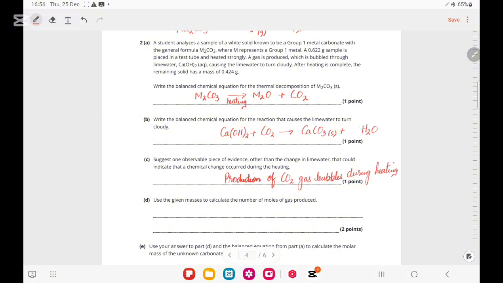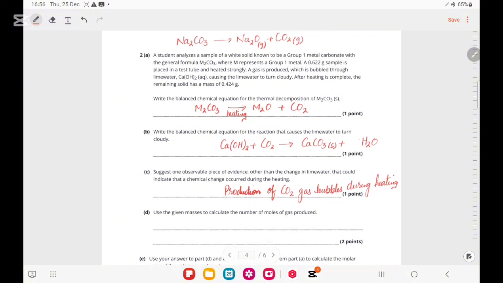Then use the given mass to calculate the moles of gas produced. So we have to first calculate the mass of the gas, the carbon dioxide gas. And how can we do that? We know that they have given us the mass of the carbonate, which is 0.622, and the mass of oxide is 0.424.